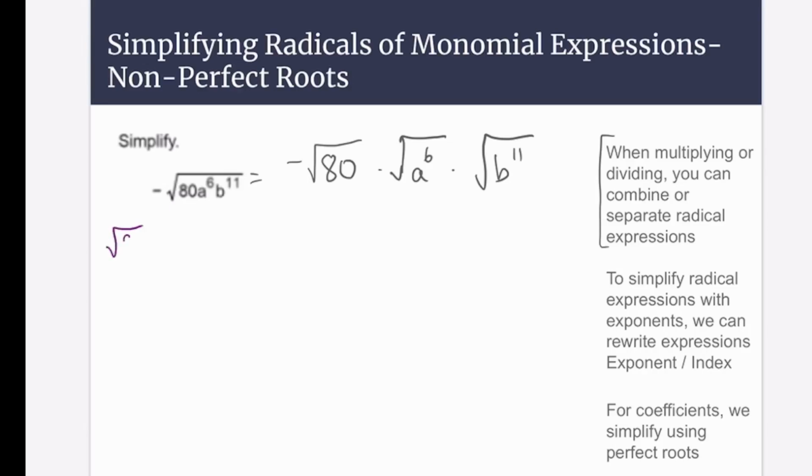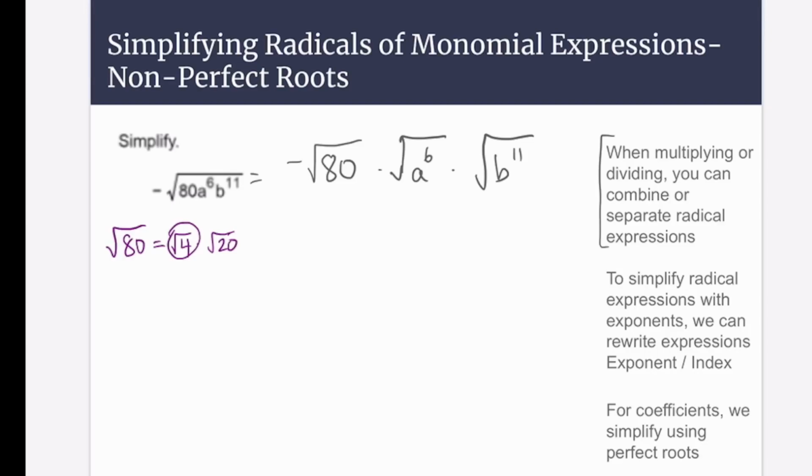So the square root of 80, I did a video on this explaining different methods. I like using perfect squares. 80 you can write as radical 4 times radical 20, and 4 is a perfect square.